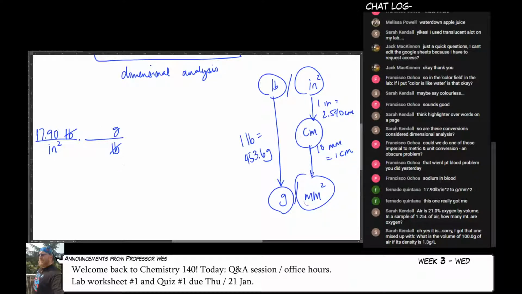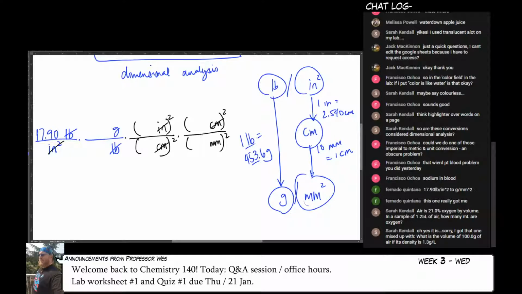So pounds to grams I can easily do. I'm going to just fill in these numbers when I get there. But then what I want to do is get rid of this inches squared here. So I'm going to put inches squared on the top, and then whatever I'm going to convert it to on the bottom. So centimeters squared. So inches squared will cancel with inches squared. And then we'll do the same thing for centimeters squared and millimeters squared. So that centimeters cancel out.